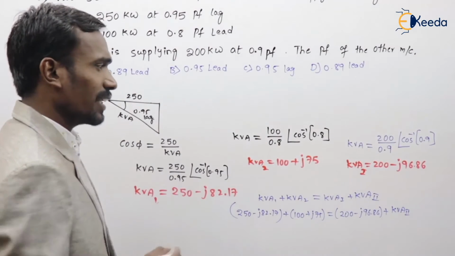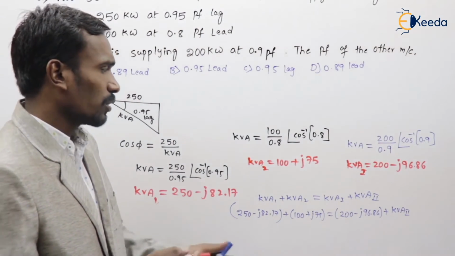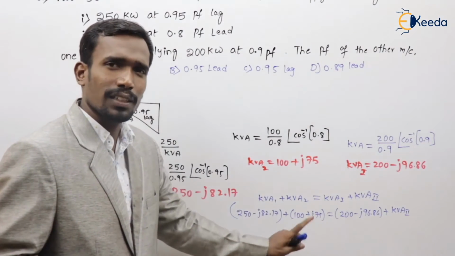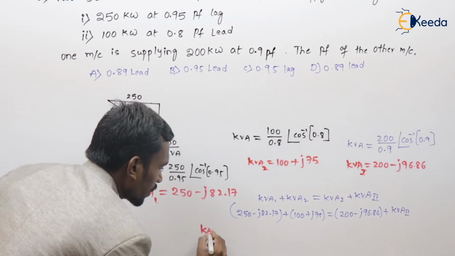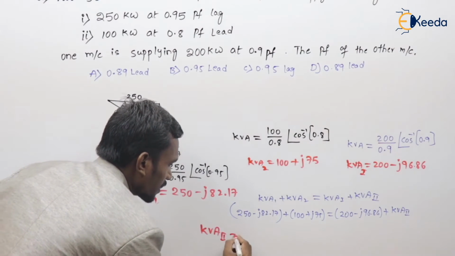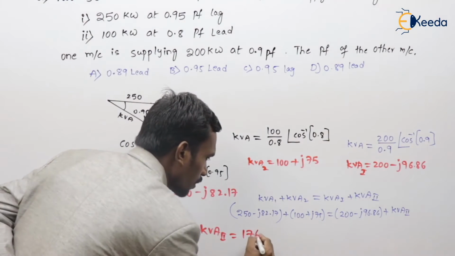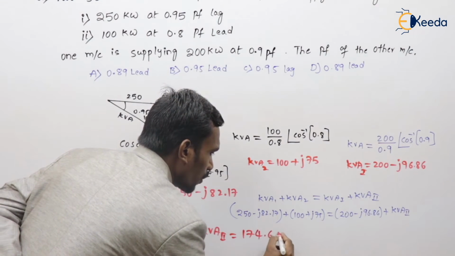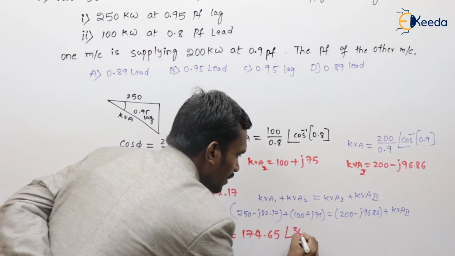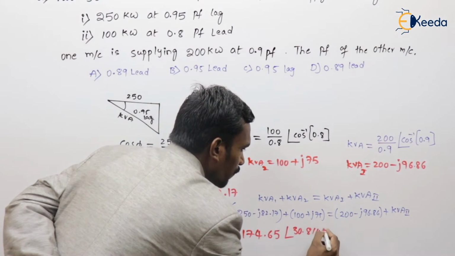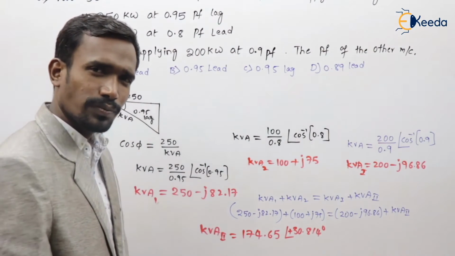By solving this equation, we can get the load shared by the second alternator, which is equal to 174.65 at an angle of 30.814 degrees. Here it is positive, not negative.